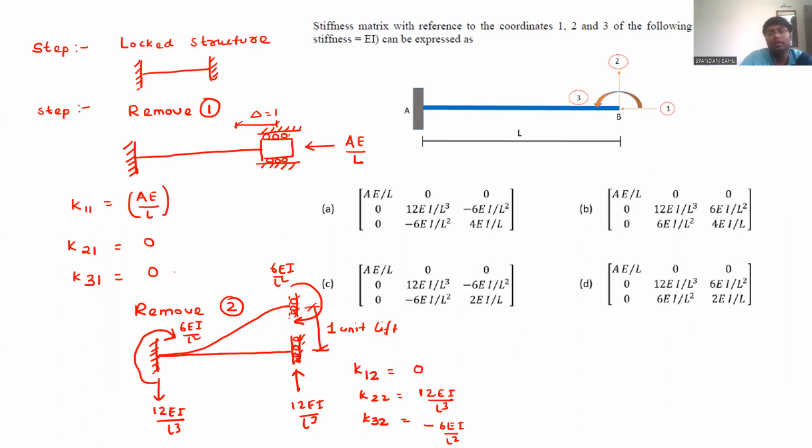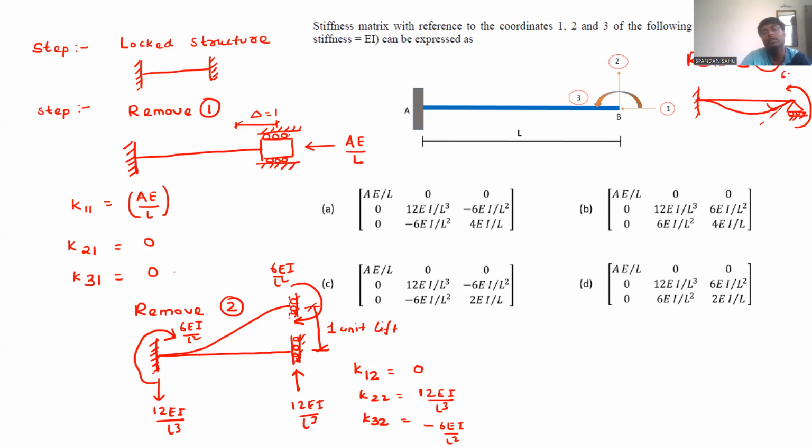Now remove, what to remove? 3. The coordinate 3. So here a hinge or roller, anything, will come, and provide unit clockwise rotation.